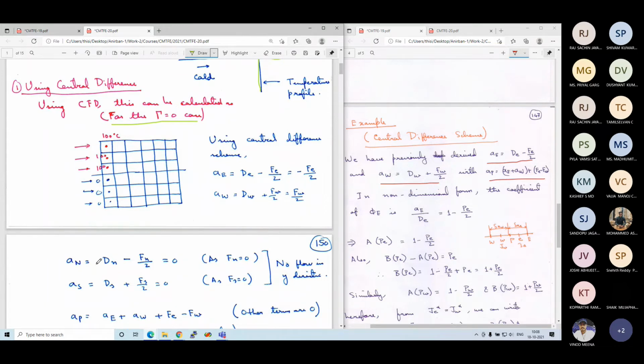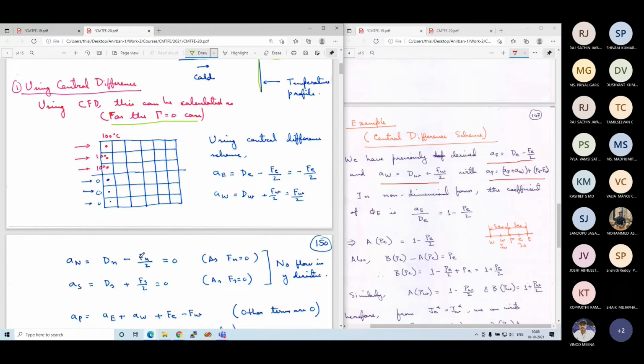AN, because it's a 2D problem, AN is equal to DN minus FN by 2. Now DN is 0 because diffusivity is 0. And Fn is 0. Fn is the convective strength at the north interface. Because there is no flow along the y direction, Fn and Fs are 0.